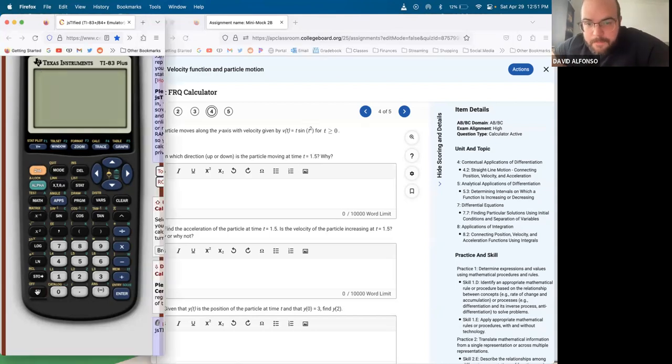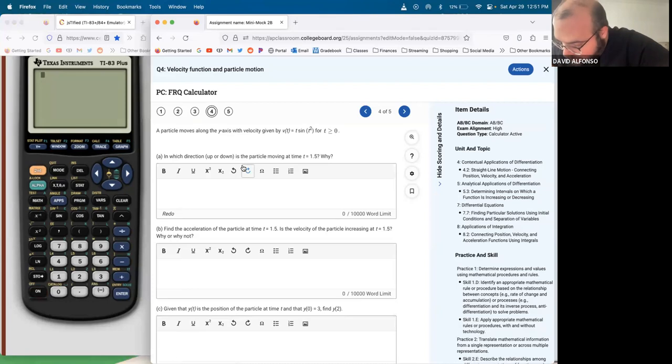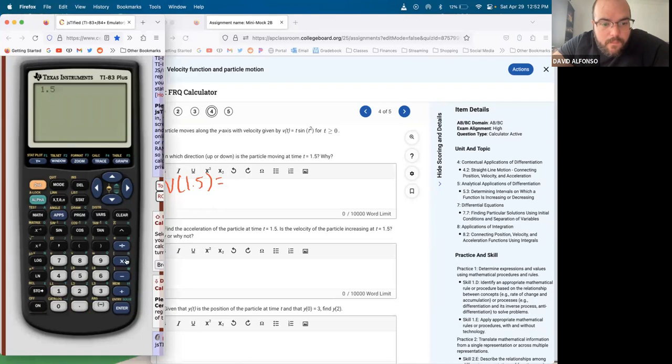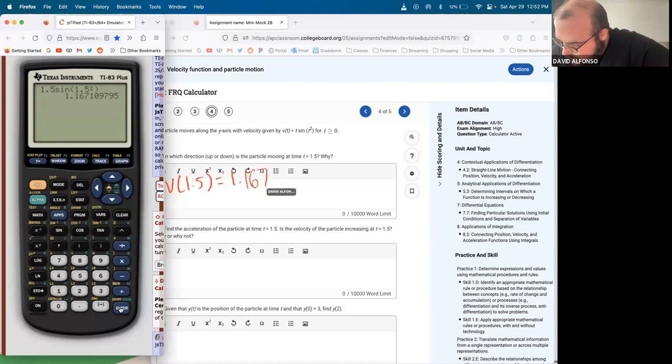Let's find v of 1.5, x times sine of x squared. Because the velocity is positive, what does that mean?